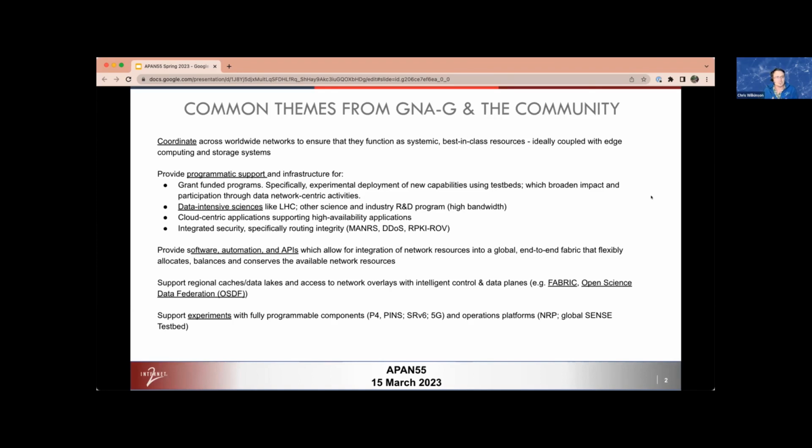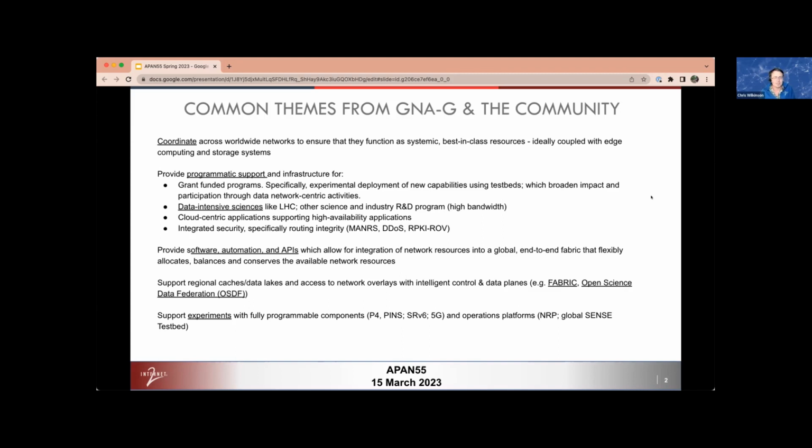For Internet 2, we're providing programmatic support and infrastructure for grant-funded programs, data-intensive science, international transit, and also integrating security and integrity of those services. That's all being driven through software, automation, and APIs.